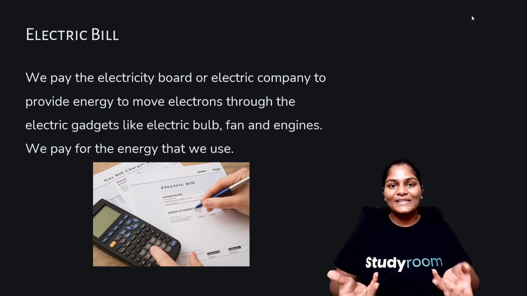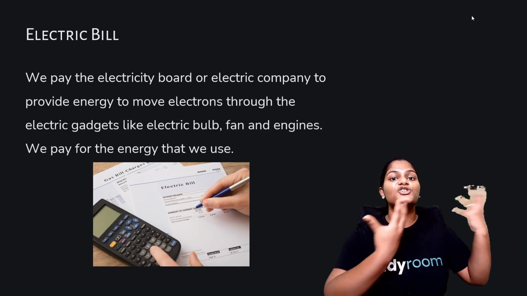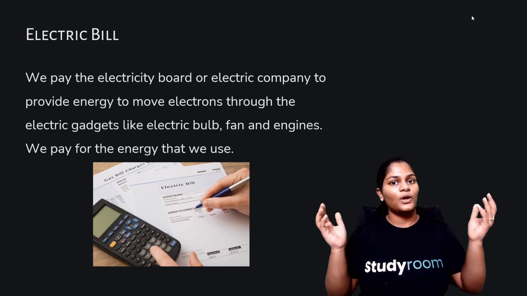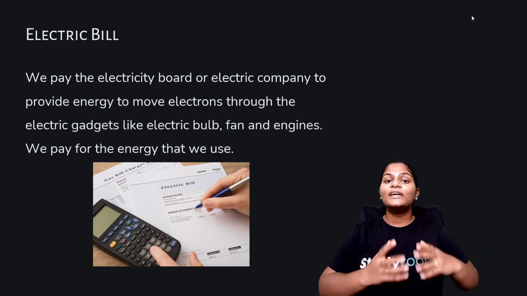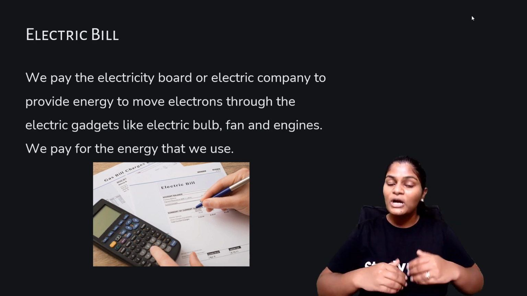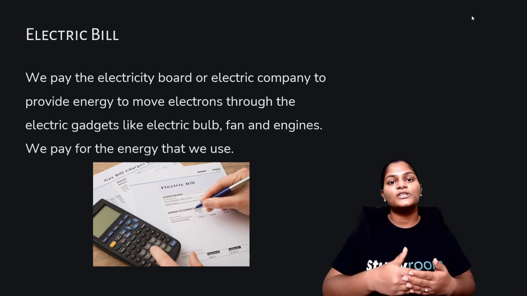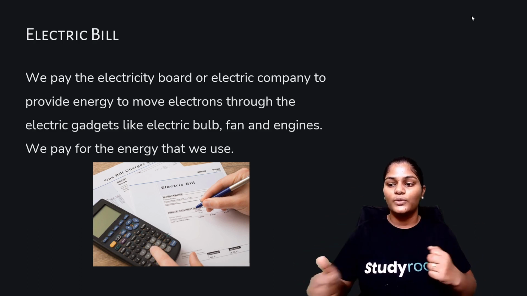Like I said, some organization or some source provides you with the electricity to run all the appliances in your house. Why would they do it for free, right? So they charge us some amount based on how much we consume. So the electrical bill is basically based on how much energy or electrical power we consume.